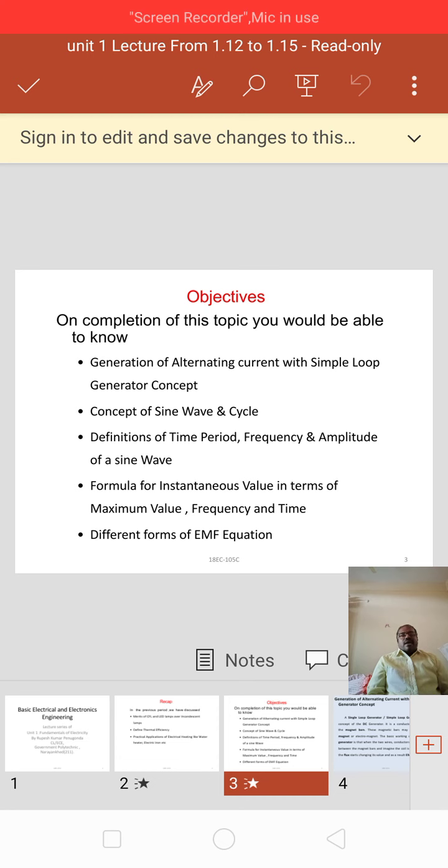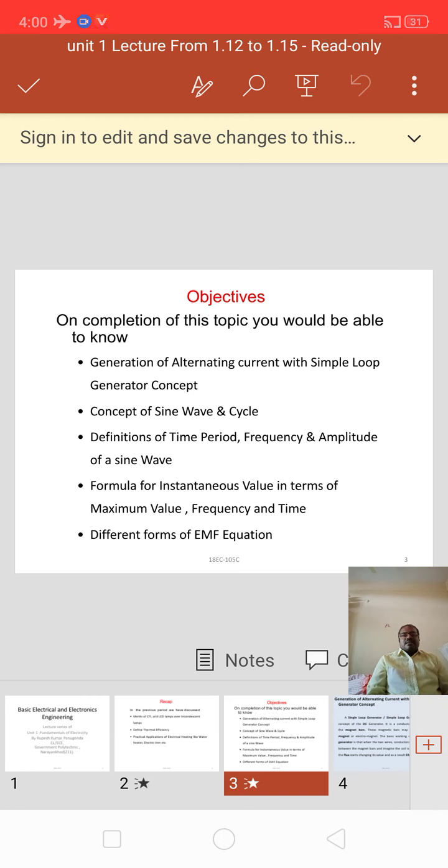Along this, we have learnt about the current, that is I equal to Im into sine of theta, as well as I equal to Im into sine of omega t, as well as I equal to Im into sine of 2 pi f into t, that is I equal to Im into sine of 2 pi by capital T into small t, completely.